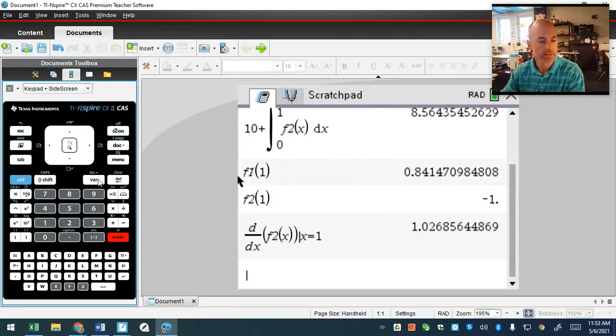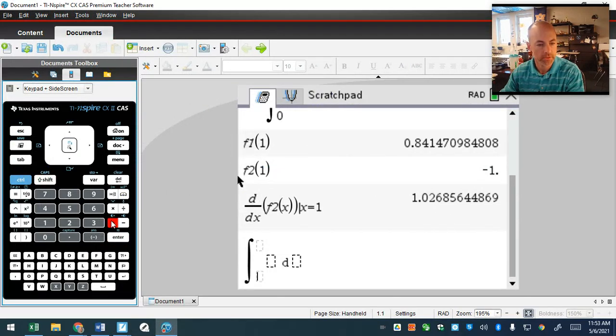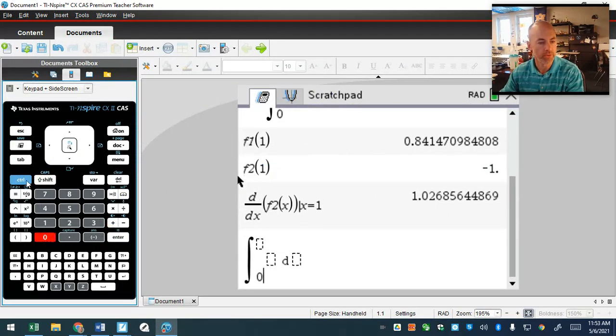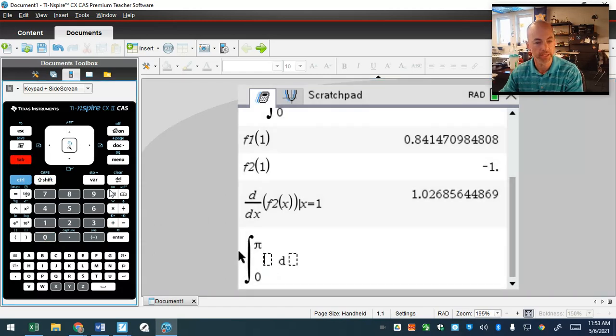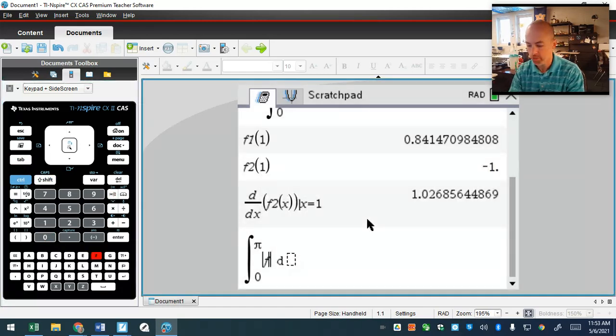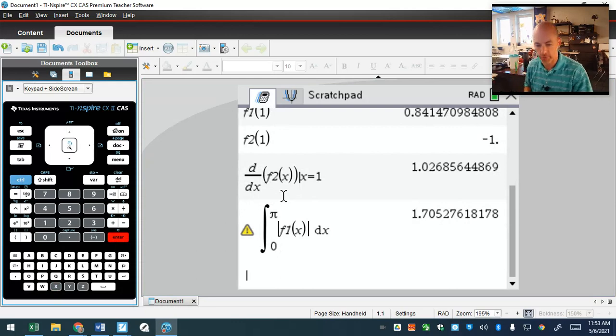So Shift plus. We're going from 0 to pi. Don't accidentally do 1. We've been focusing on 1 so much. Open up my absolute value, f1 of x, dx, Control Enter, and we get a total distance of 1.705.